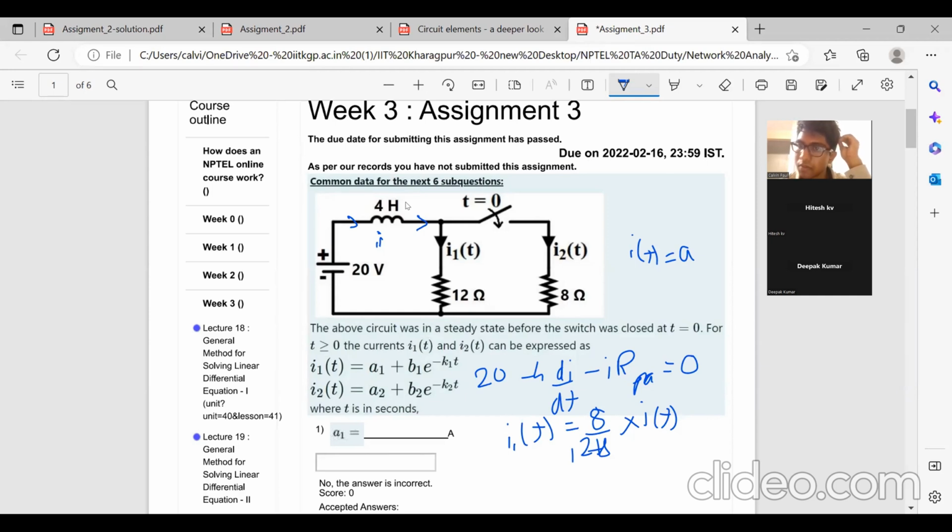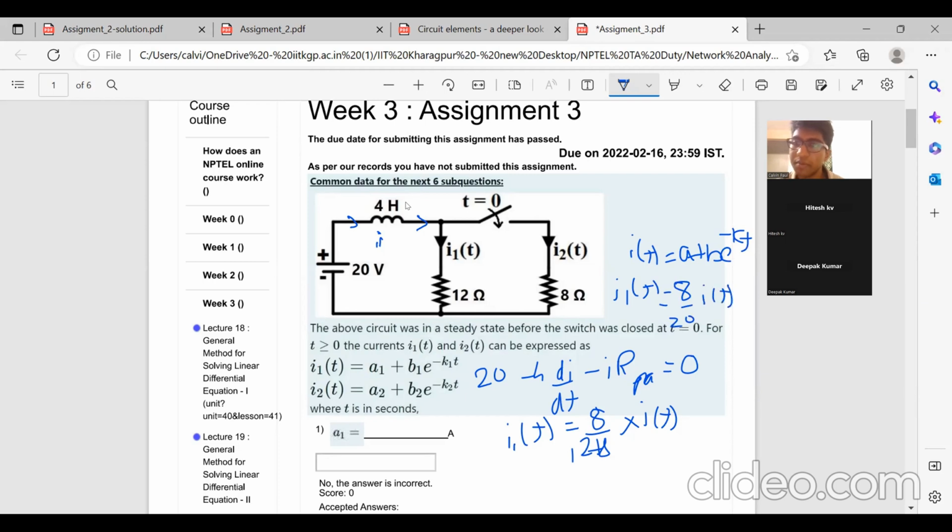Yes, so let me explain. I of t will be equal to some a plus b of e to the power minus k t. I get this as I of t. Then I1 of t will be equal to 8 upon 20 into I of t.